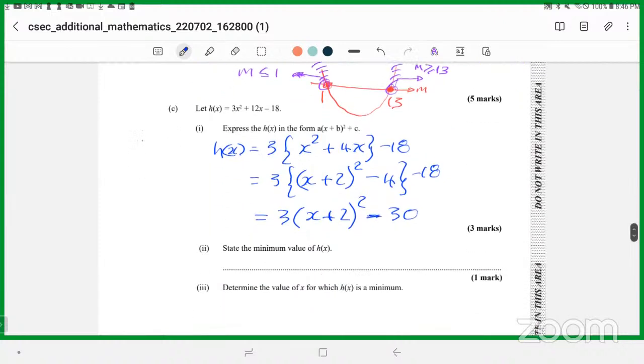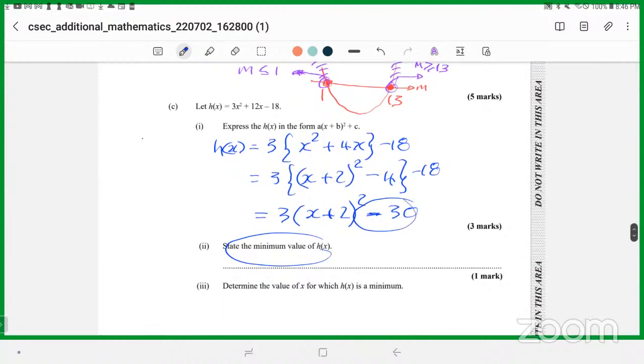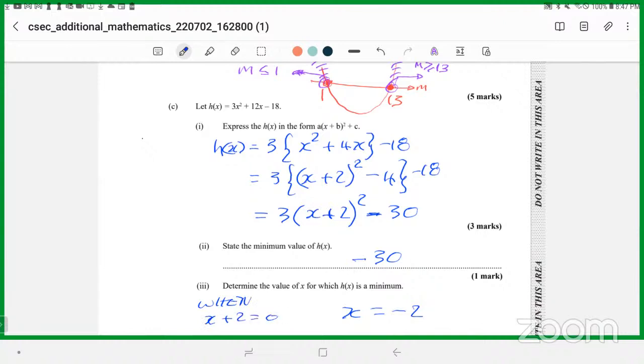Yes, sir. And the minimum value is this negative 30. The turning value of x, which is the minimum, is when this equals 0, and so it's when x equals negative 2, because it is when the x plus 2 equals 0.